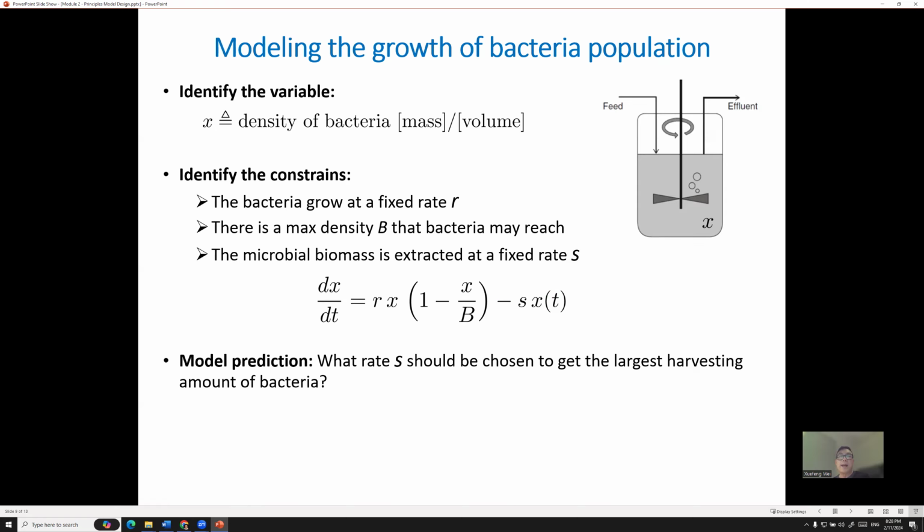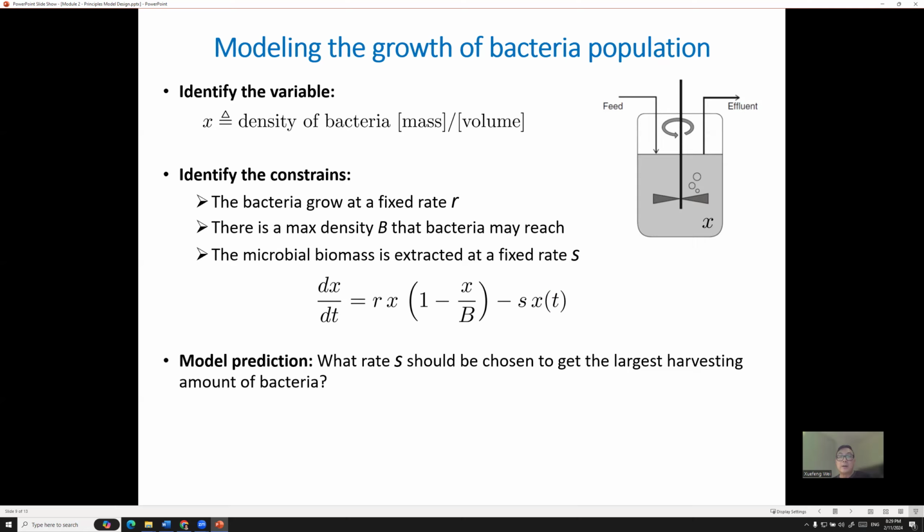What rate S should be chosen to get the largest harvesting amount of bacteria? That is to say, how should we regulate the efflux rate S to achieve the largest harvesting of bacteria?